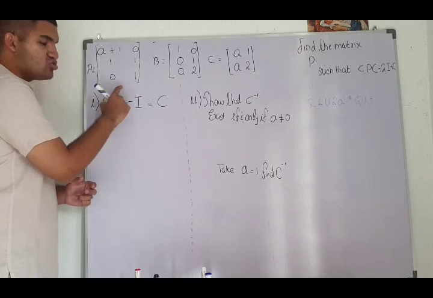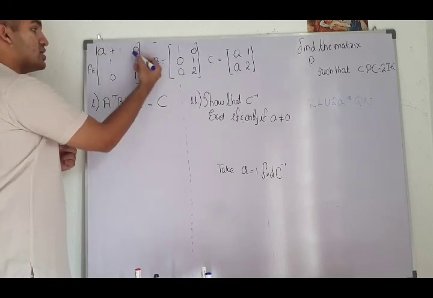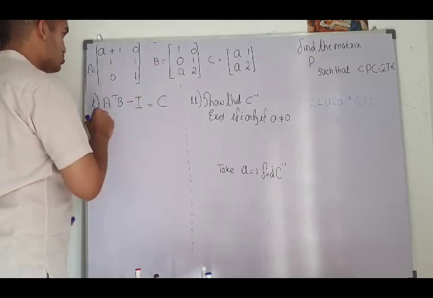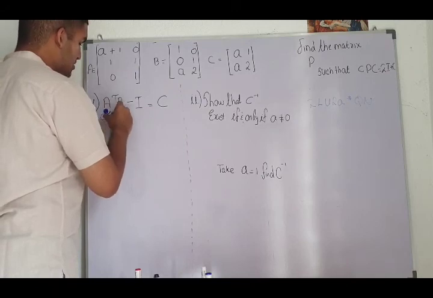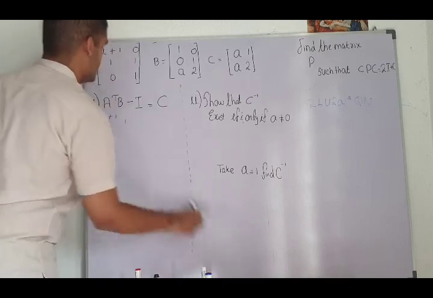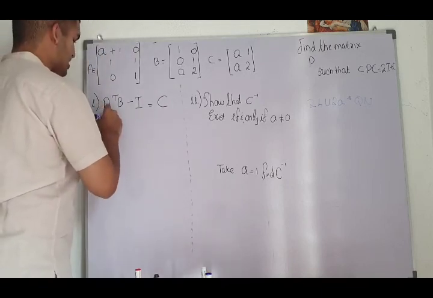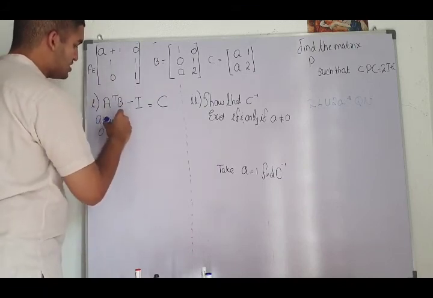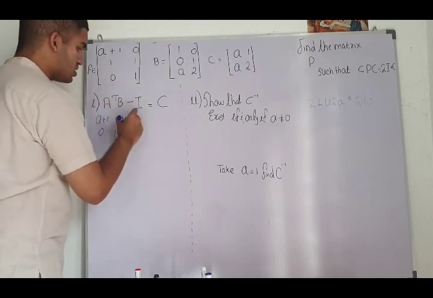So this means A transpose. A transpose means that when you have A plus 1, 0, 1 and 1, 0 and 1, what you got to do here is take A plus 1 first, and then take this 0 right here, and 1 and 1, this is the second row, and the third row comes like this.